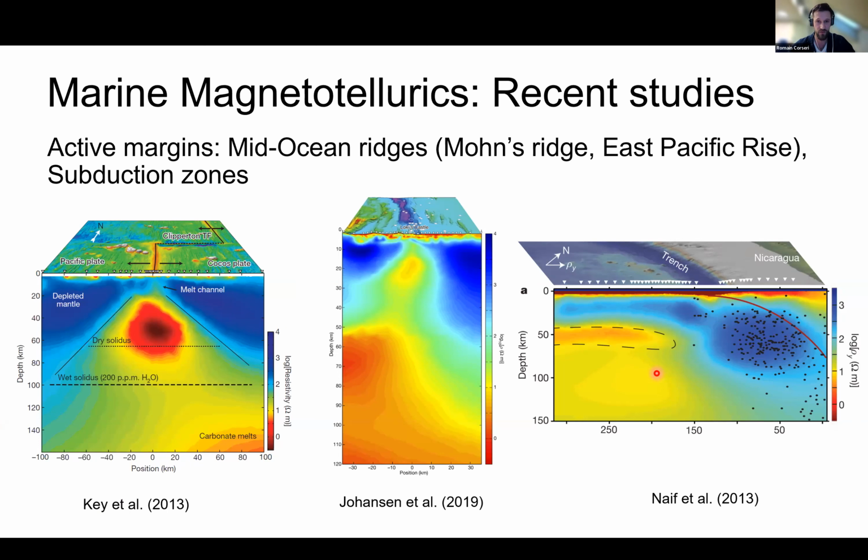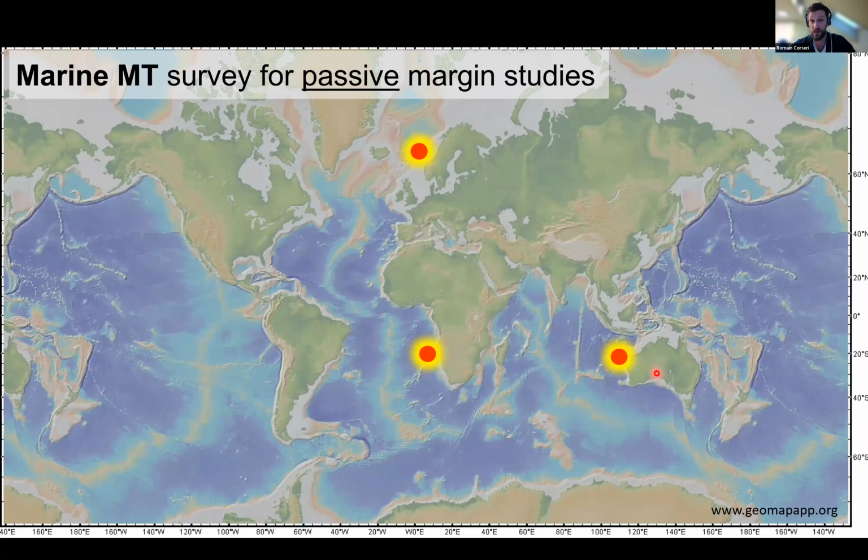as conductive zones. However, in passive margins, there are very scarce studies that have been acquired in marine settings to study the tectonic development of these rifted margins, probably due to high operational cost and the complexity of thermal and structural processes at stake.